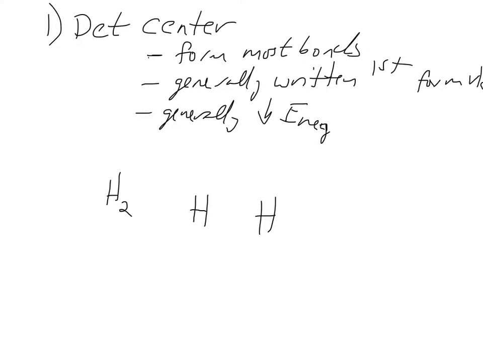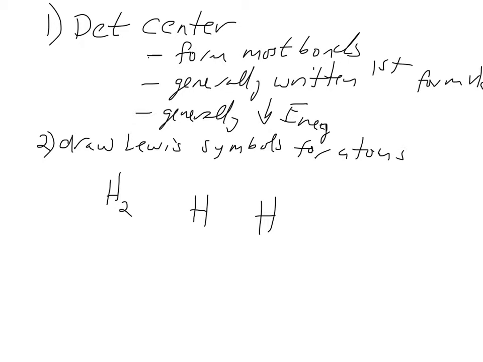We don't really have a center, but step 2 here would be to just draw the Lewis symbols for the atoms. So we've got 2 hydrogens. I'm just going to put their Lewis dots, right? Their electrons. Okay?